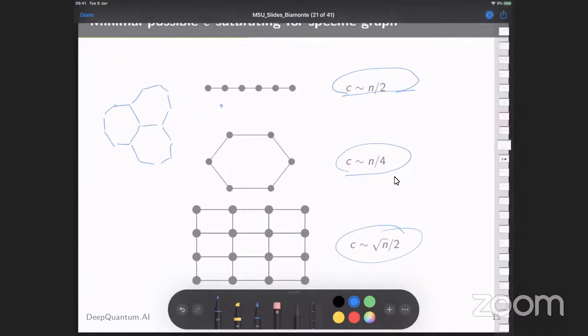Yes, I would. And I have a question. Looking at these graphs in general, it seems like better connectivity means lower depth circuits to saturate bipartite entanglement. Is that true? Yeah, phenomenologically or empirically, that statement seems to be observed, yes. So if we, for example, have an all-to-all connectivity, what will the scaling be?